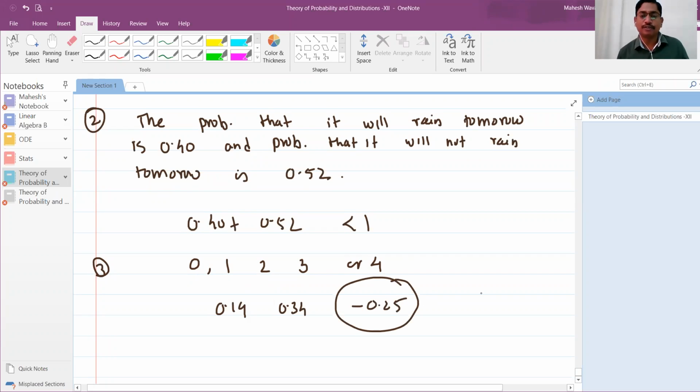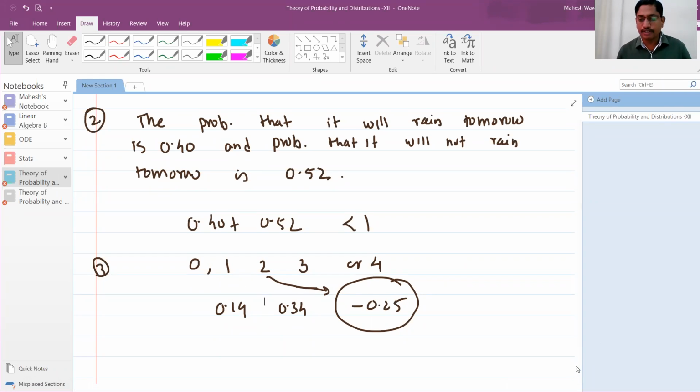We cannot have negative probability. The minimum probability will be 0 and the maximum probability will be 1. So in this statement, the probability for these two is negative. There is no event whose probability is negative. So that is the error in the statement. You just listen to it. Never will a probability be negative, that I want to tell you.